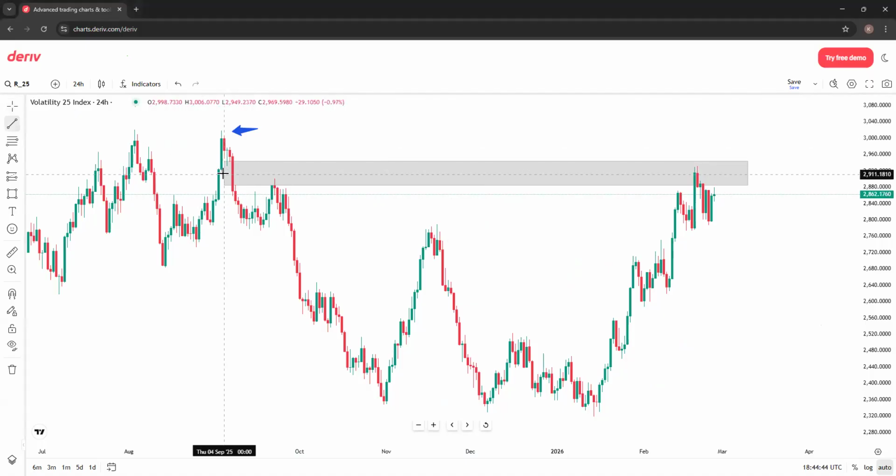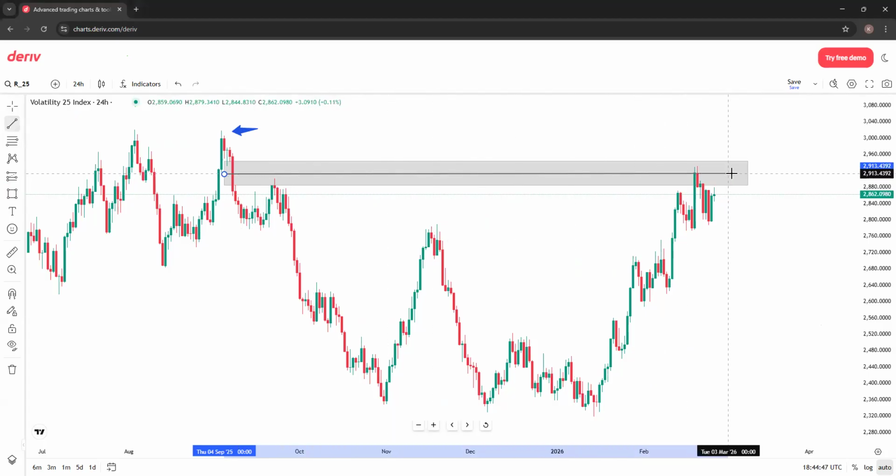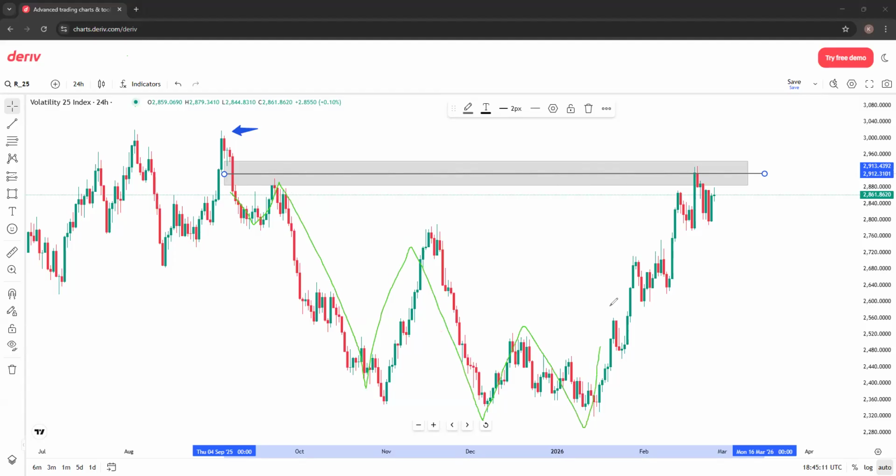If we mark 50% of that gap, which is here, the first time price attempted to come and fill, it never filled 50% of that gap. And what does that mean? That means price had to come again to that point at some point in time and fill it. What did it do? It sold, did whatever it did, and then it came here, and then it filled that gap. Now it's falling.